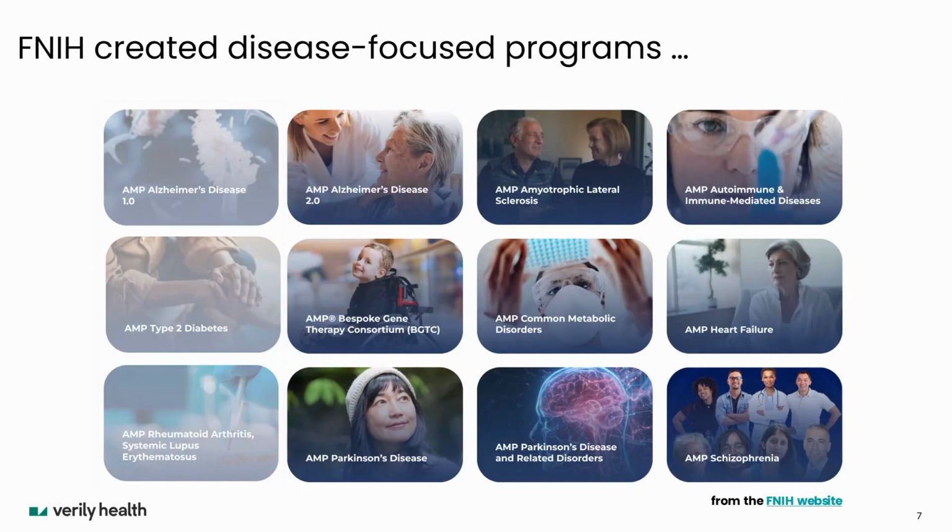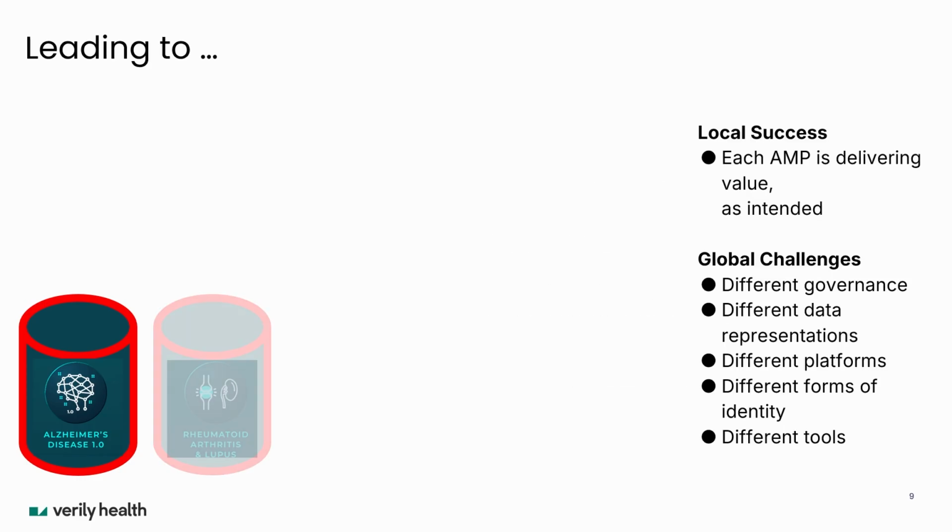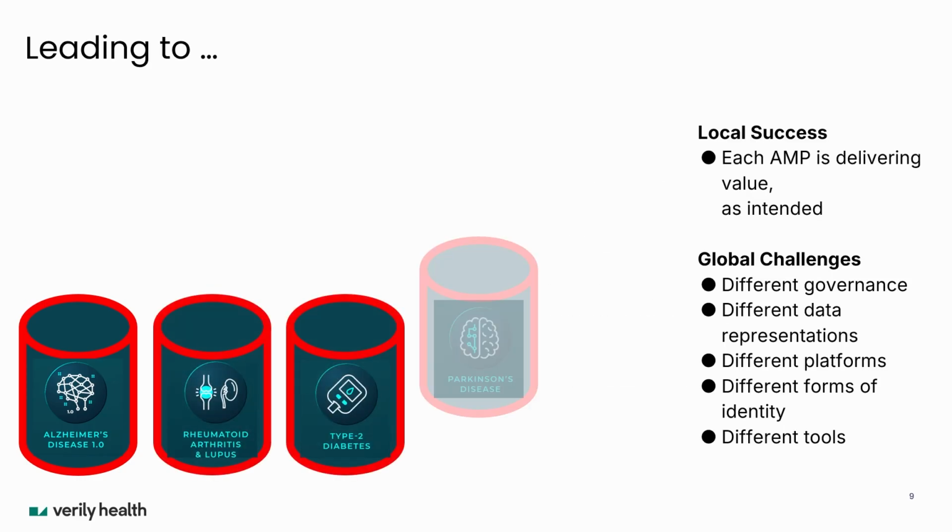FNIH has created about a dozen of these disease-focused programs over the last decade plus in a bunch of different areas, and every one of those programs has made good choices to solve their problem and address their mission. They picked the data, the formats, the technology, the policies, and what that resulted in is local success.